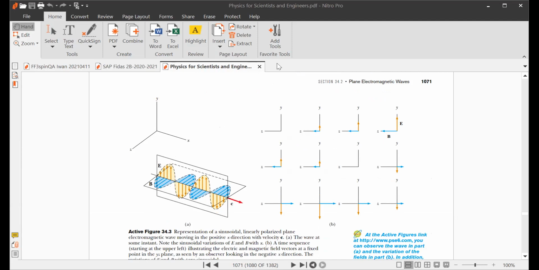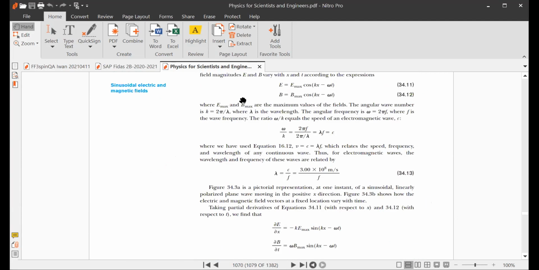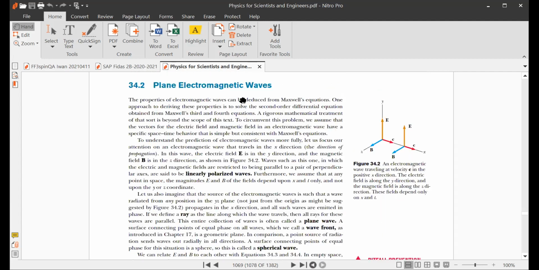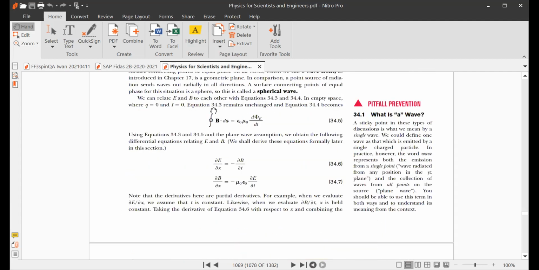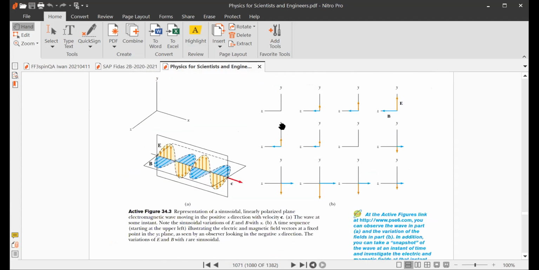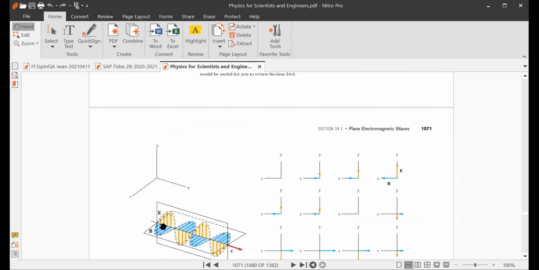While E and B are related by crossing. The B field, this magnetic field, is also perpendicular to E and also to the propagation direction.